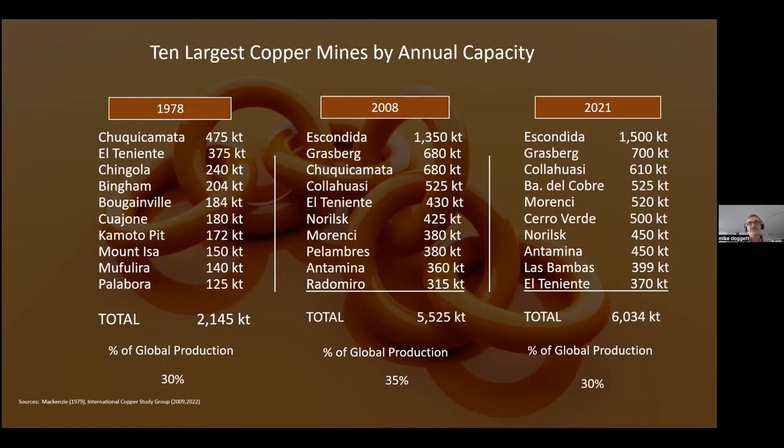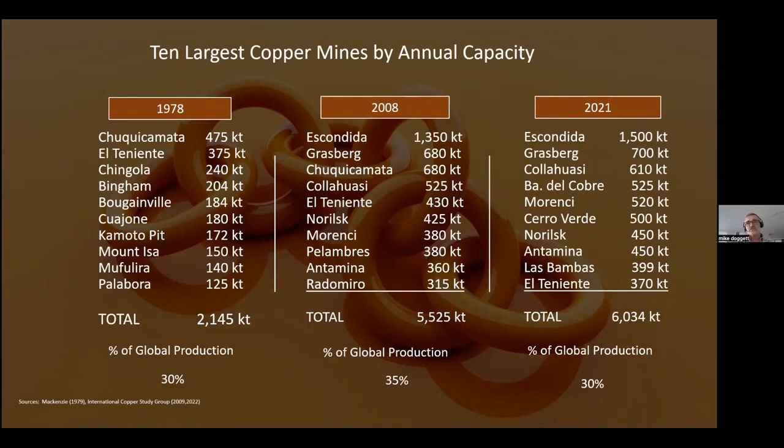And you see collectively that the 10 largest mines in 2008 produced 5.5 million tons of copper. Again, about a third of the copper industry. But you see that in 1978, there were only 2 mines that had more than 300,000 tons of copper output. And in 2008, all 10 of the largest mines had that minimum amount of copper.